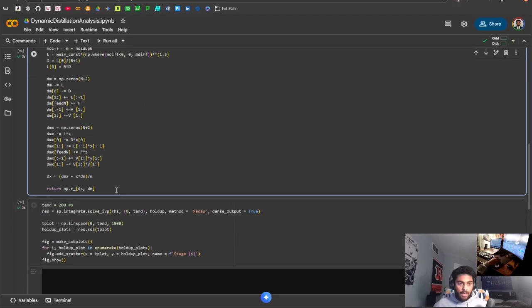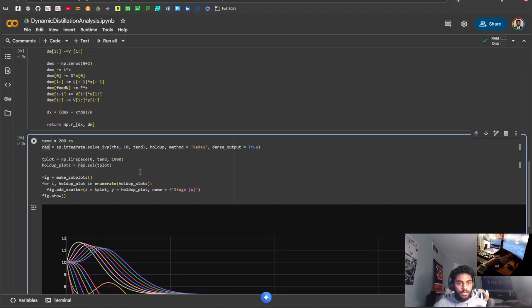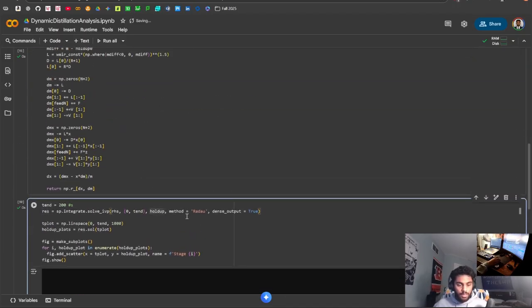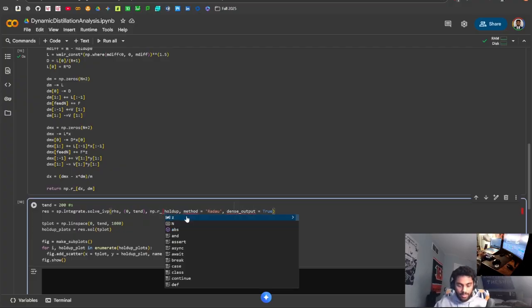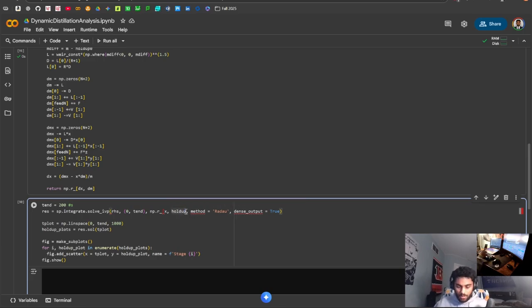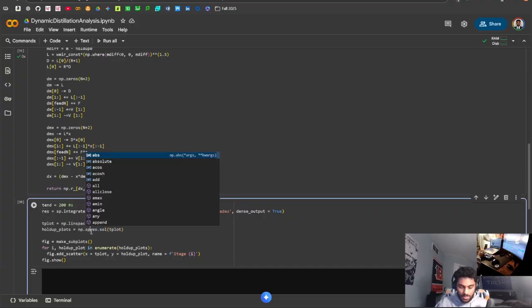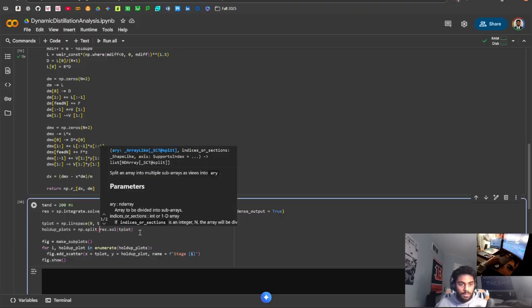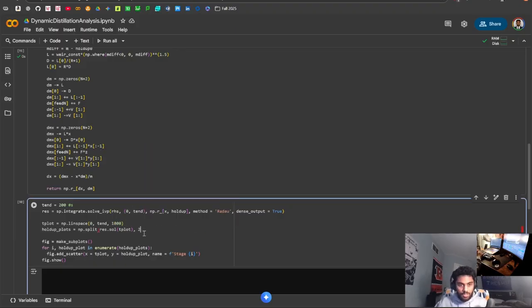So now that we have that, what we can do is give it a concatenation of our x and our holdup. And then we're going to have to split this result into 2 to get our individual plots.